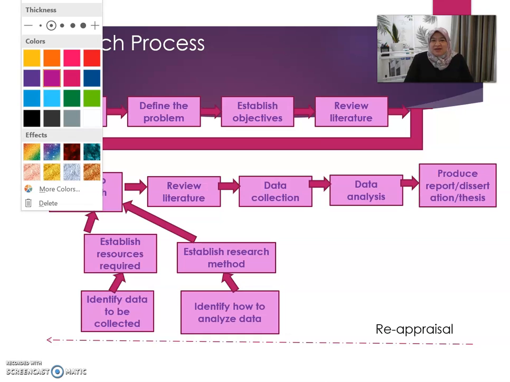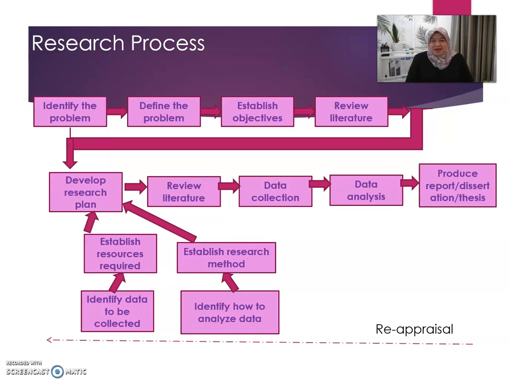We're talking about producing a research project. It has to start with the first step, which is to identify and define the problem that you would like to investigate or explore. From there, you will need to establish your objective for the research.